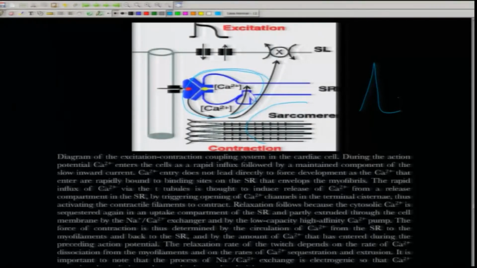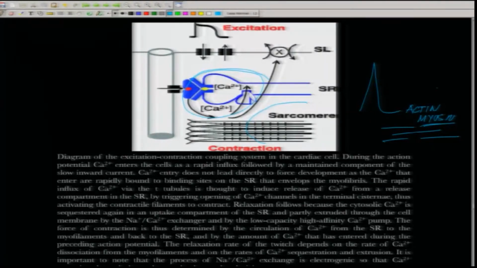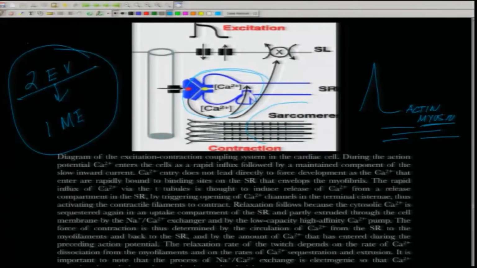You remember when we talked about muscle contraction, I told you there are sarcomere and there is a movement of that actin and myosin filament. So, this is where two electrical events lead to one mechanical event. This is where the ball game is.